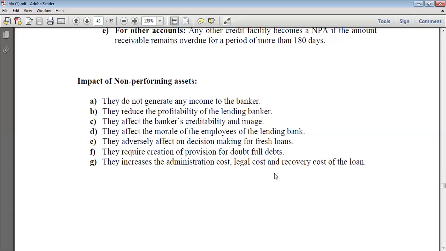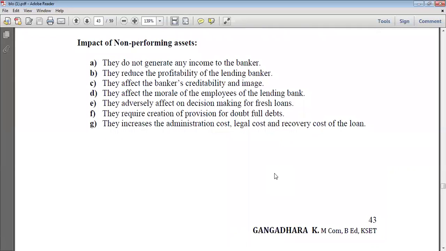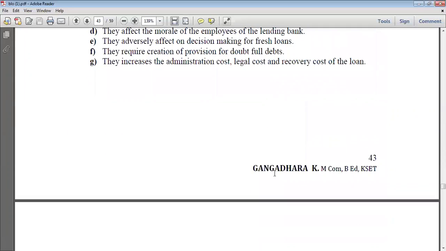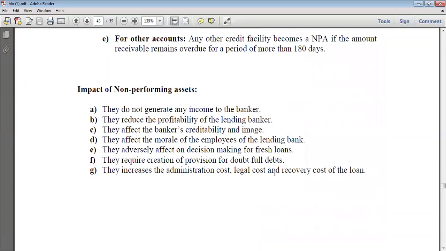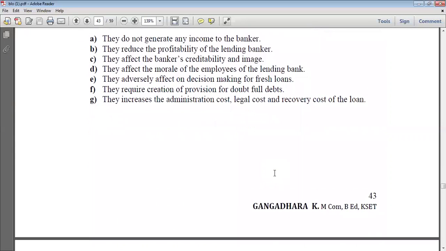Sometimes the amount is recovered or not recoverable, and the unrecoverable amount we can consider as bad debt. And the last one: they increase the administration cost, legal cost, and recovery cost of the loan. Simultaneously, administration and legal costs will also increase. These are the major adverse effects and impact of the NPA.